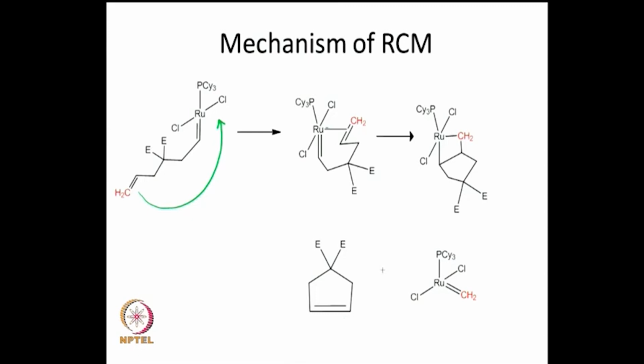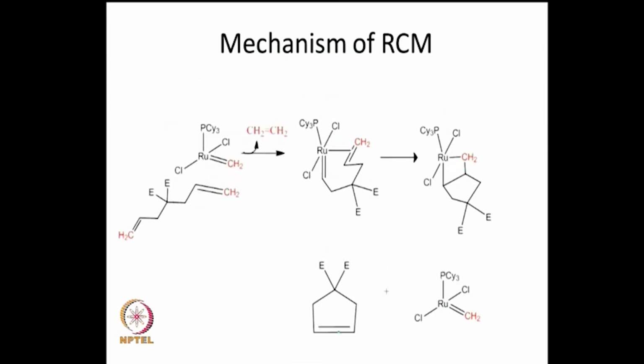This time the ruthenium carbon bond is formed here and the carbon-carbon bond is formed here, the new carbon-carbon bond. The metal now again goes from +2 to +4 oxidation state, and this can now break in such a way that you form RuCH2 as the final regenerated catalyst, and the cyclic product which is listed here.